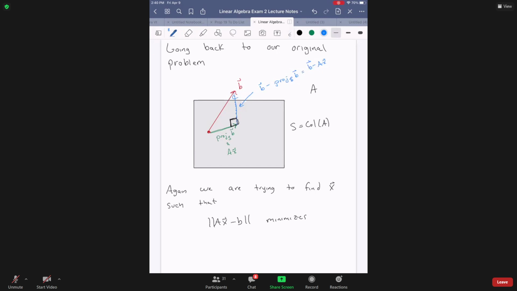But how do we find the orthogonal complement of a subspace? If you take the basis of S, all you have to do is find the null space of the transpose of that matrix A, right?